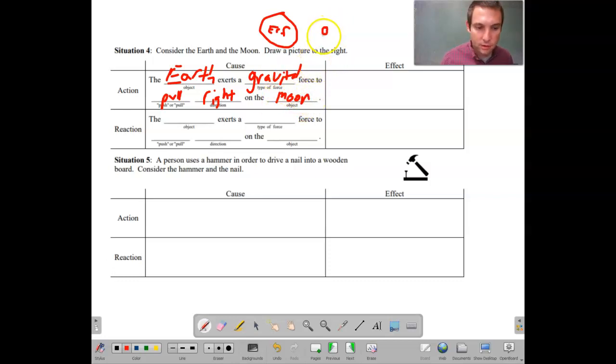Okay, so it's pulling to the right on the Moon. The effect of that is the Moon falls to the Earth.